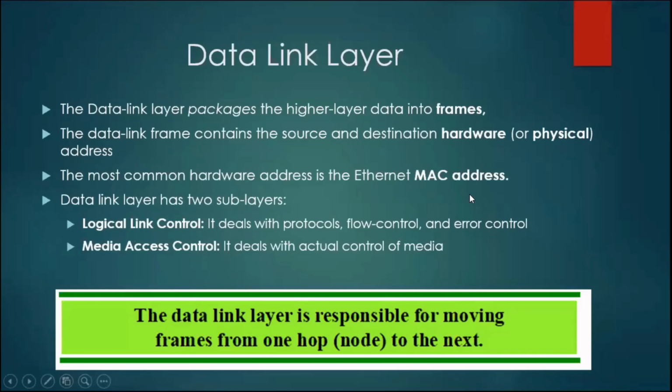Moving on. Next is the data link layer. The data link layer packages the higher layers into data frames. You might ask, what is a frame? Whenever you receive some data from your above layers, it gets chunked or divided into frames.